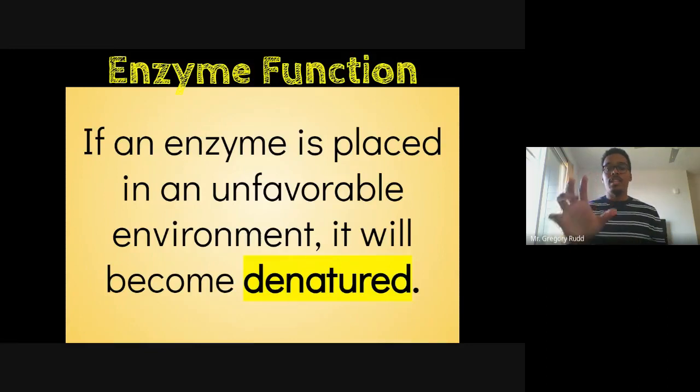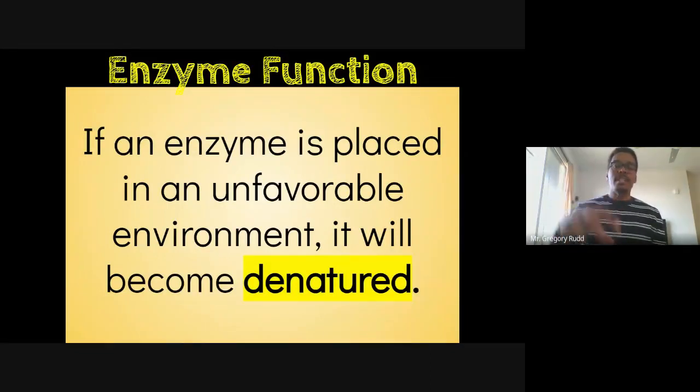If those conditions are not set properly and an enzyme is placed in an unfavorable environment, that enzyme will become denatured. And we're going to define that word on the next slide.